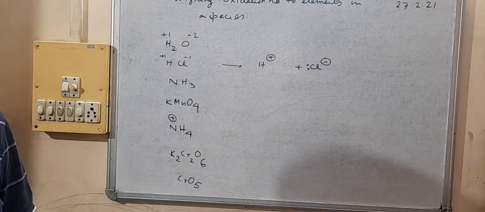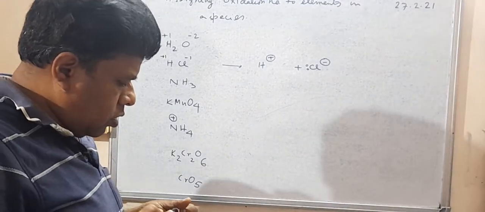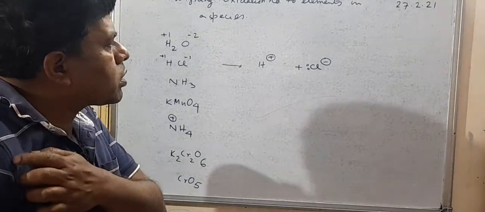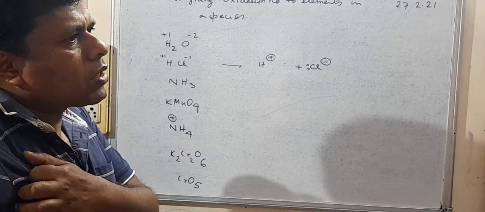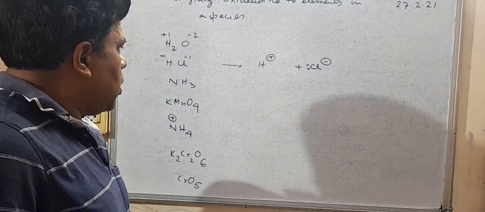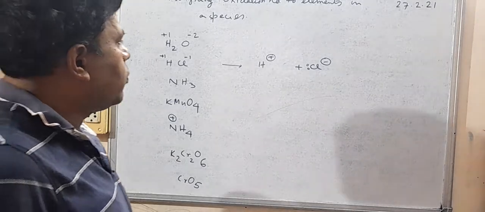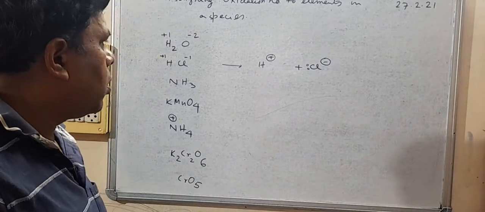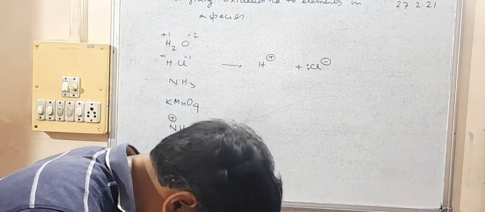According to the guideline, hydrogen always has oxidation number of plus 1. Of course, if it is attached to a metal, then it will have a minus 1.